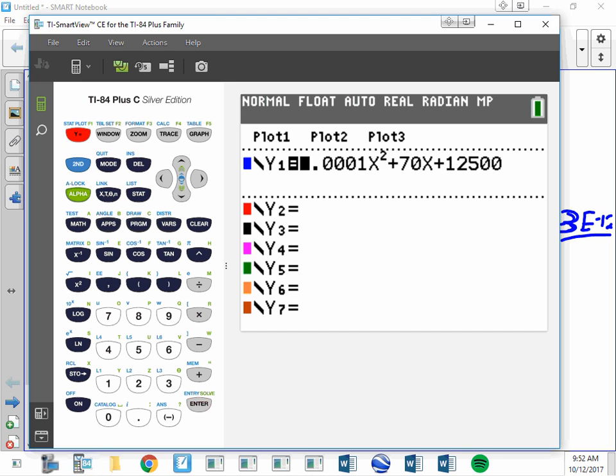Let's type that formula in here. So negative 2/3 x squared plus 13/5 x and plus 433 over 5.